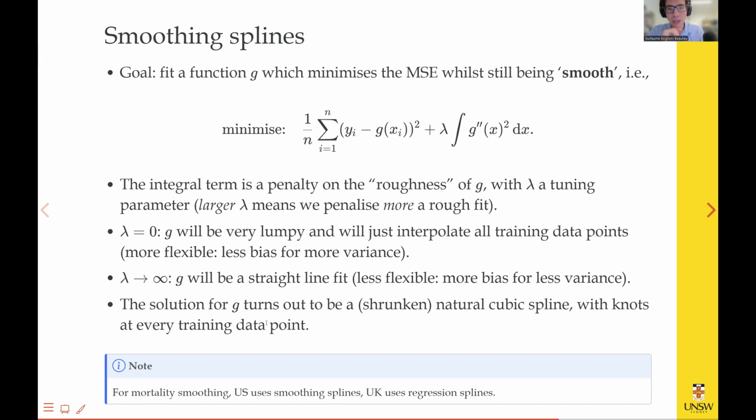Now, as a comment, smoothing spline and regression spline achieve the same sort of objective. In fact, for your information, for smoothing the mortality rates in mortality tables, apparently the US-based mortality tables use smoothing splines, and UK-based mortality tables use regression splines, which is interesting: both approaches are used to achieve similar objectives.